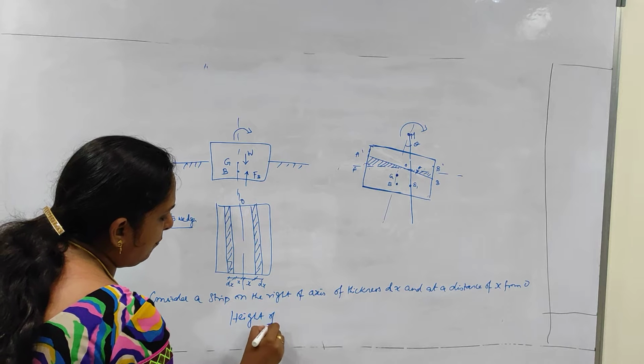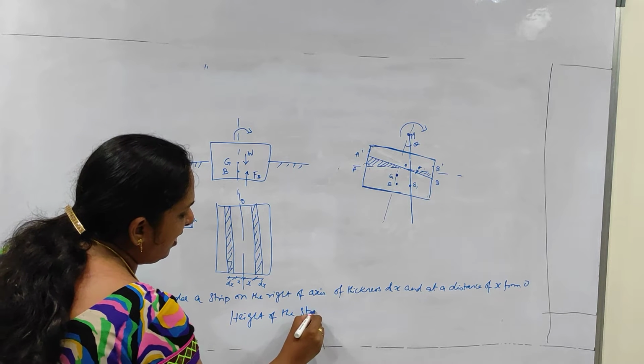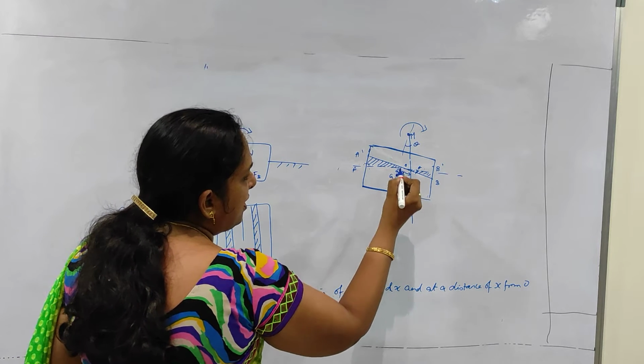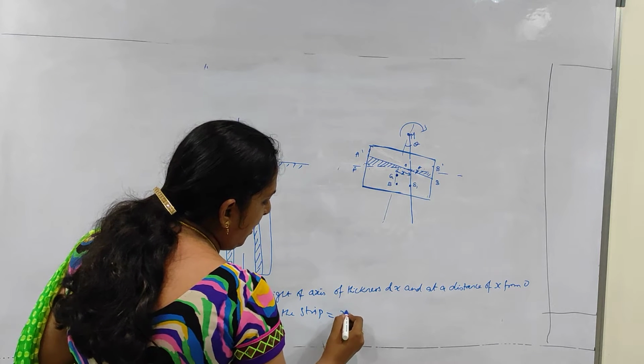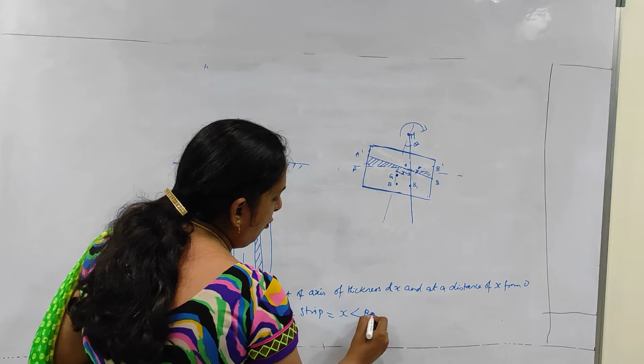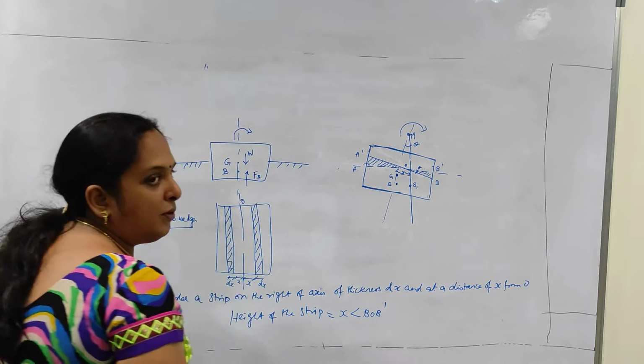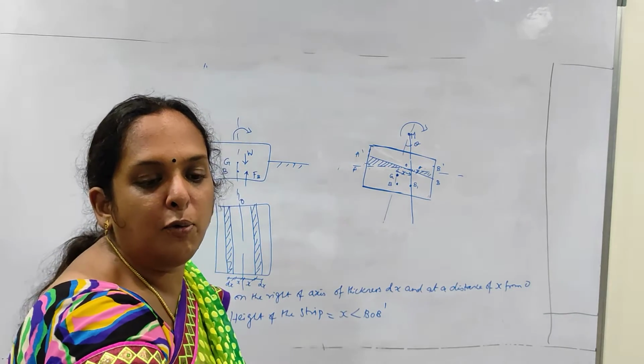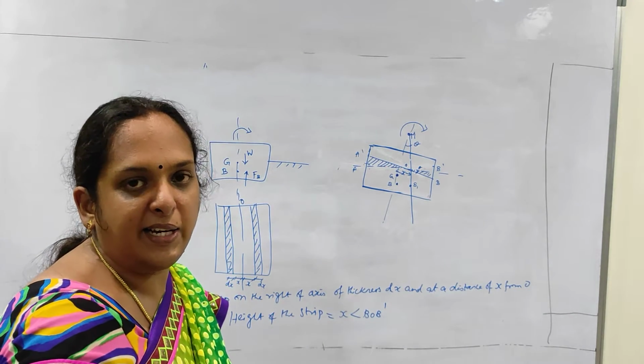The height of the strip: what is the distance we have assumed? It is x meters, am I right? So this distance is x meters. So the height is x into the angle BO-B1.